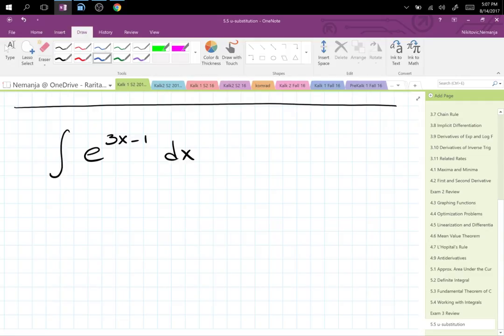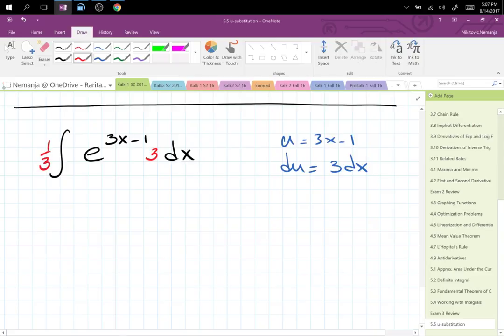What's u? What's du? 3dx. I don't have 3dx. If I put a 3, I put 1/3.